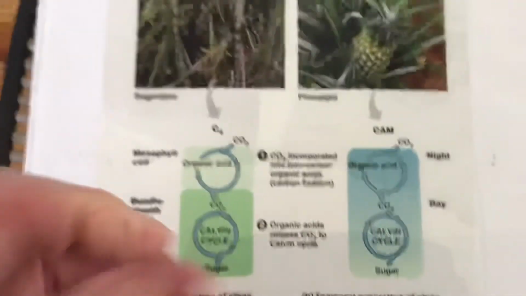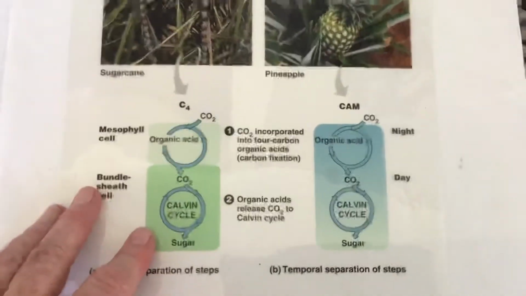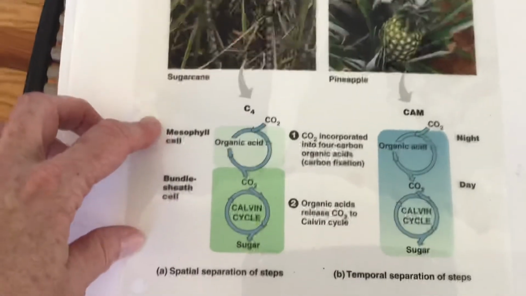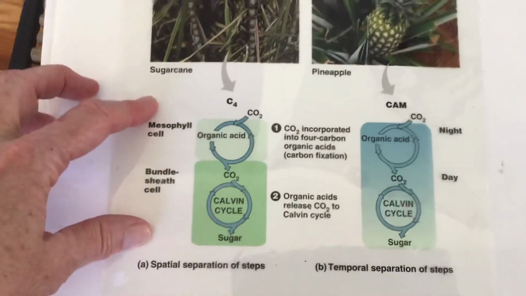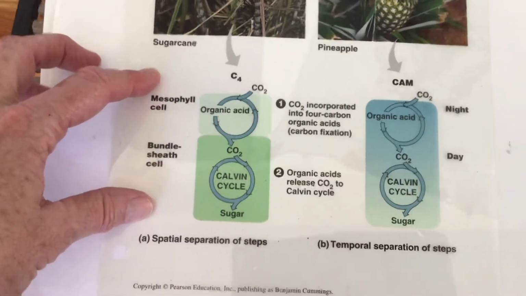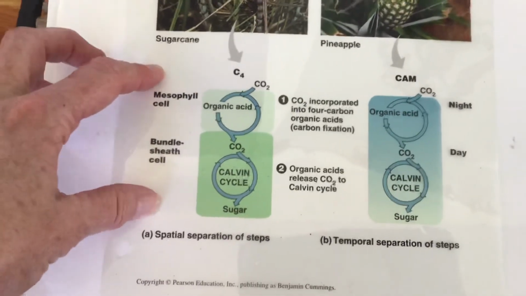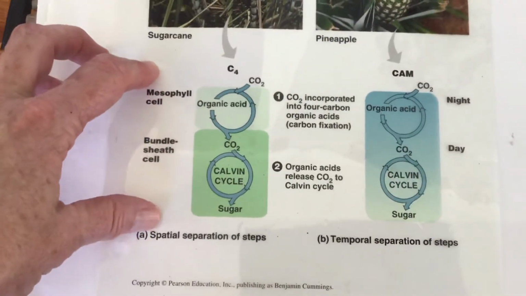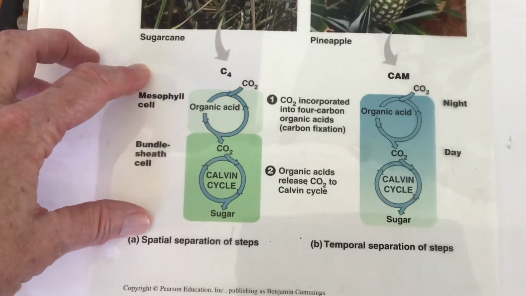Okay. Now, another thing that can happen, for a similar reason, the photorespiration reason, is something that we call CAM plants. So you could say that the C4 plants, what we were just talking about, reduce photorespiration by doing a spatial separation of the steps, okay?